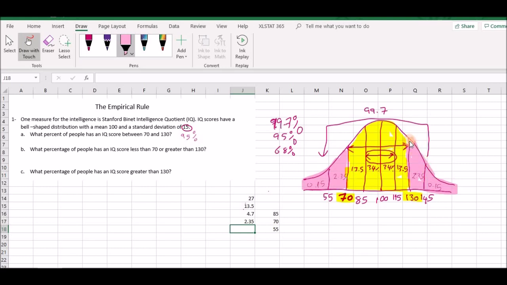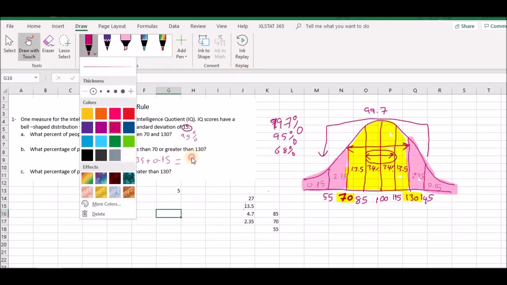So you add all of these up: 0.15% plus 2.35% plus 2.35% plus 0.15%, which equals 5%. The answer is 5%.